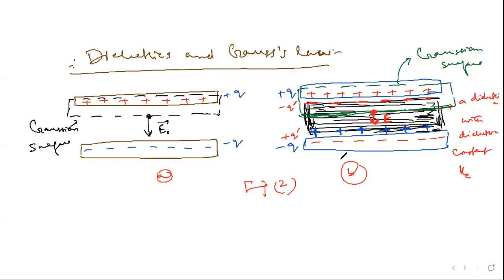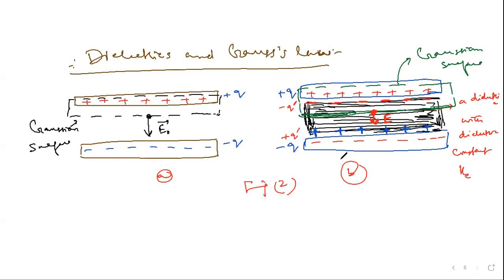There is no dielectric between the plates. So the electric field between the plates of the capacitor is E naught and it is downward. I have shown a Gaussian surface enclosing the positive charge. It is of cubical shape, and this figure shows the parallel plate capacitor cross section, remember, right?